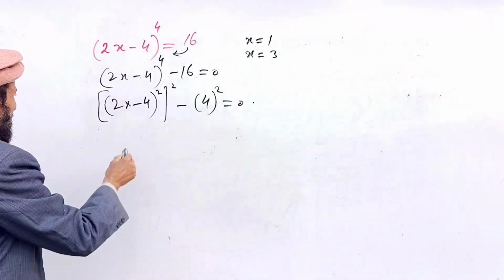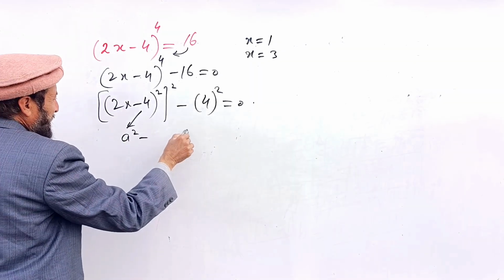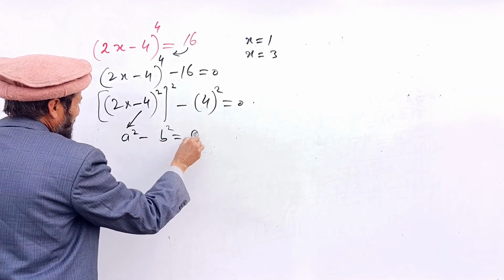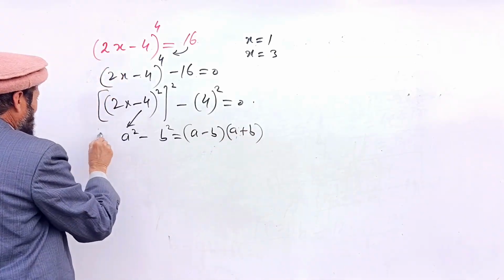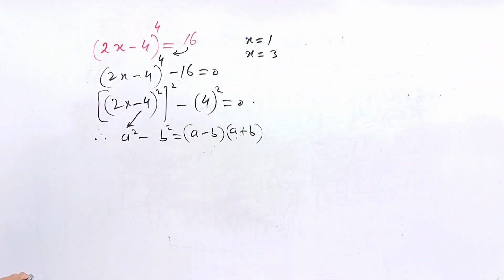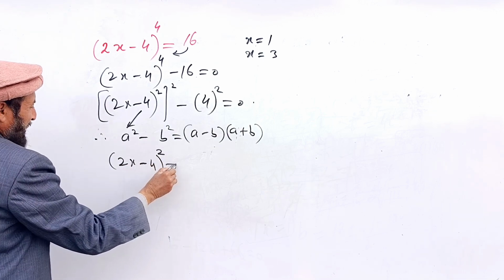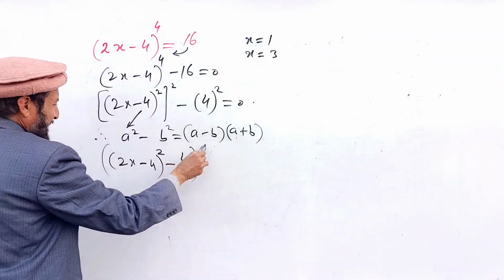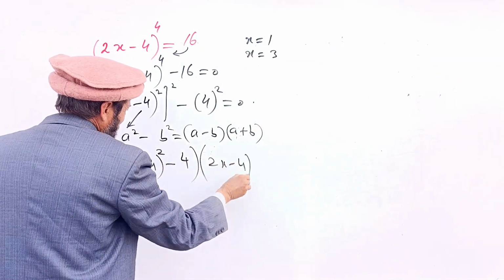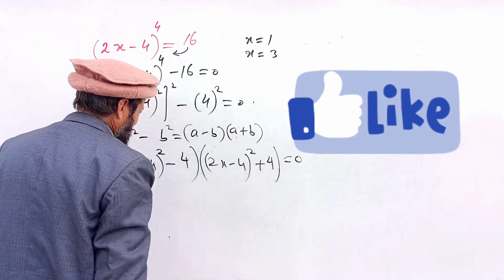This will be considered a square and this will be considered b square, which is a minus b into a plus b. According to this formula, we open the above term: (2x minus 4) whole square minus 4 into (2x minus 4) whole square plus 4 is equal to 0.